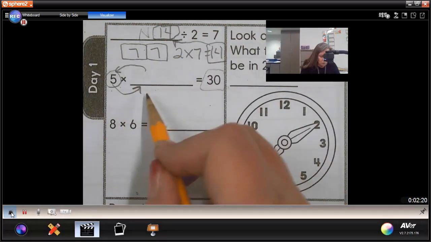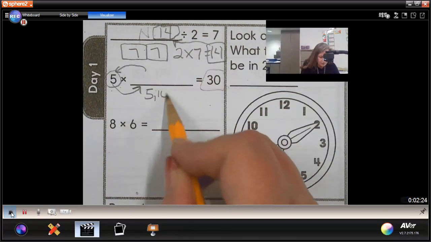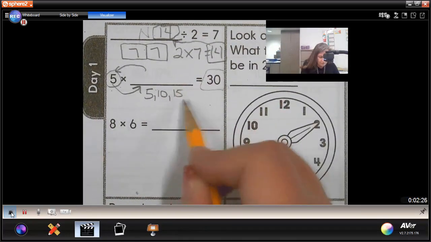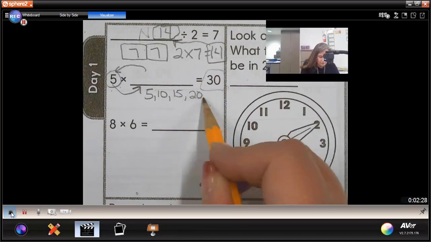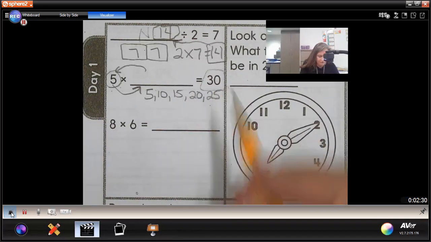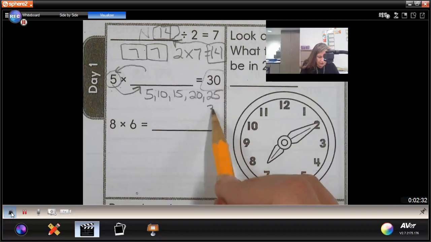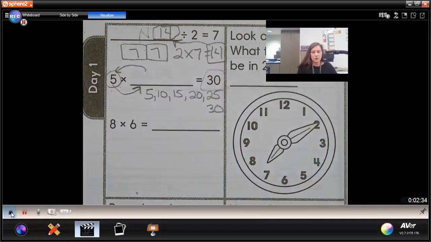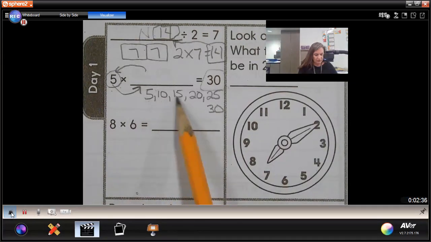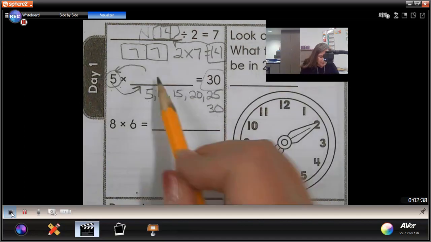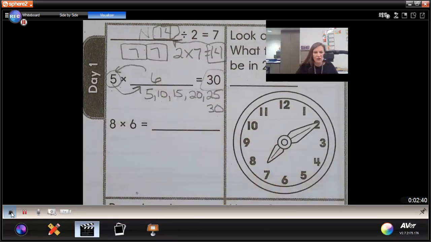So we can count by 5s, 5, 10, 15, 20, 25, and finally 30. So 1, 2, 3, 4, 5, 6. 6 groups of 5 or 5 groups of 6 is going to give me 30.